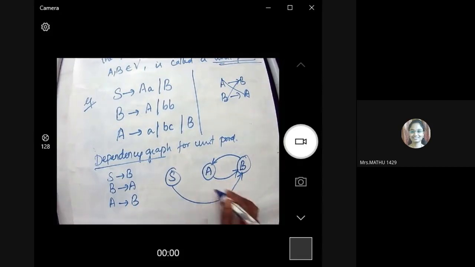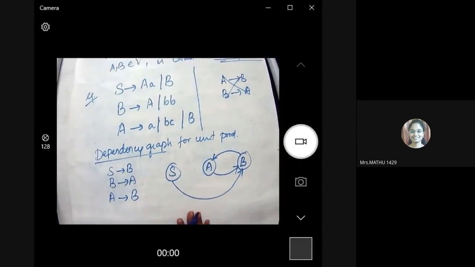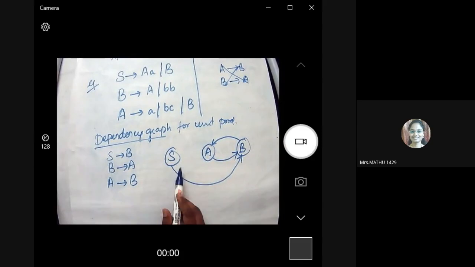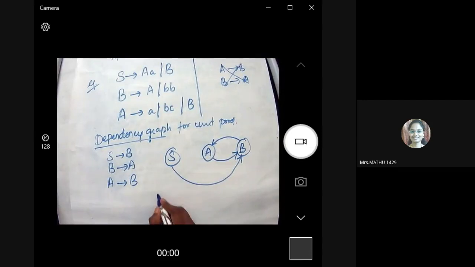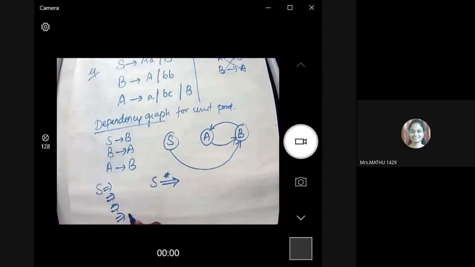Now from the dependency graph, what we are able to perceive is that from S you will be able to derive A in an arbitrary number of steps. When I put this arrow mark and above that a star, it means an arbitrary number of steps. That means you derive something, and after some steps, you were able to derive this.